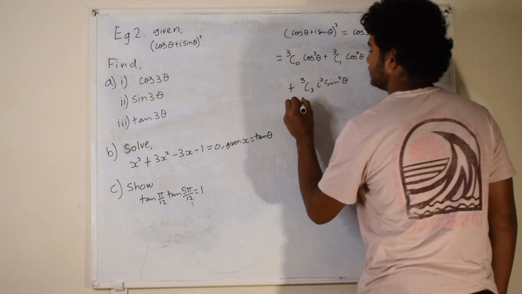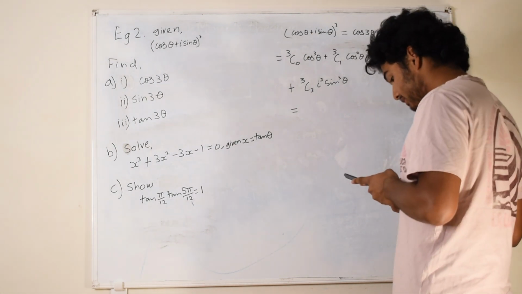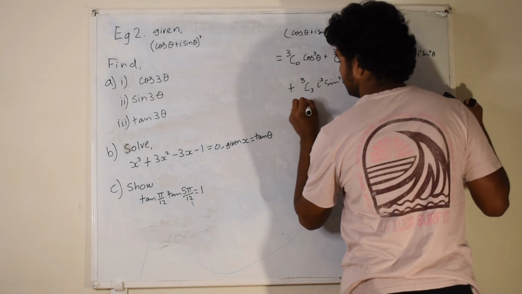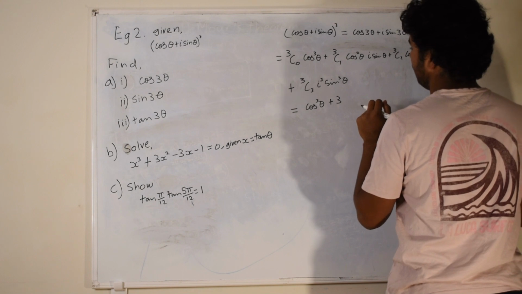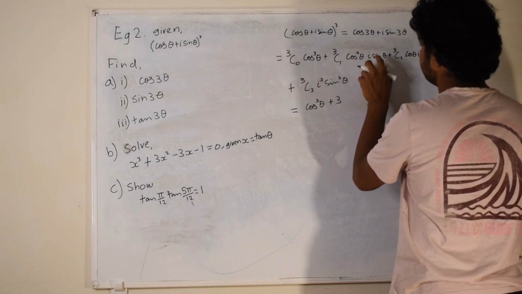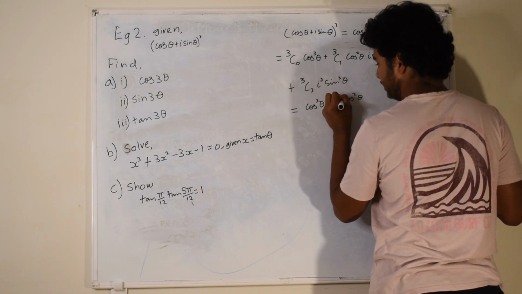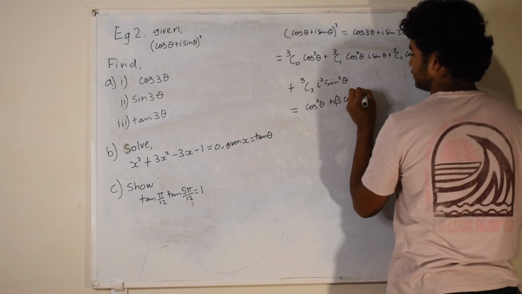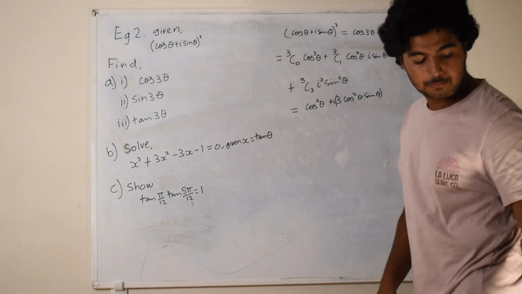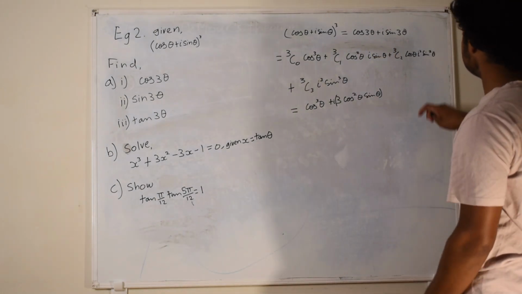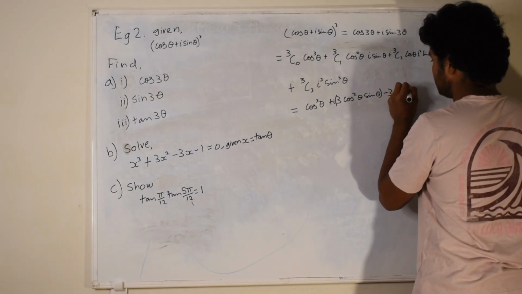Now we can clean this up. 3C0 is 1, so we go cos cubed theta, plus 3C1 is 3, so we take i at the front: 3i cos squared theta sin theta. 3C2 is also 3, but then we've got an i squared here, which becomes negative 1, so this becomes minus 3 cos theta sin squared theta.